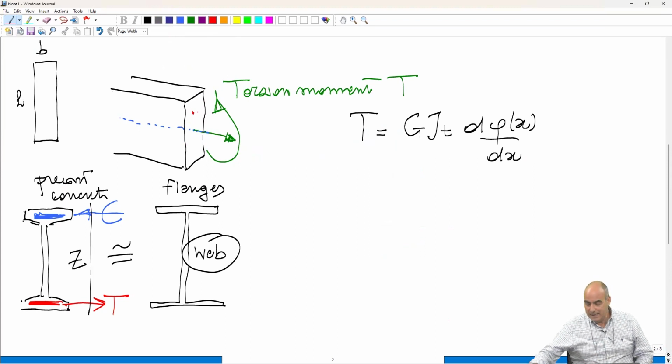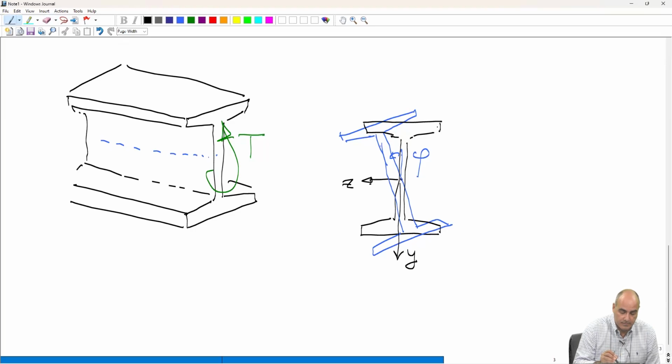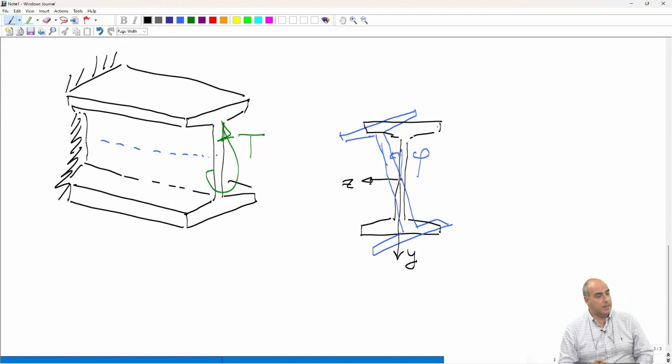But in the case of a cross section like this one here, the warping is rather complex. To simulate the restrained warping, imagine that here your beam is fully fixed, okay?